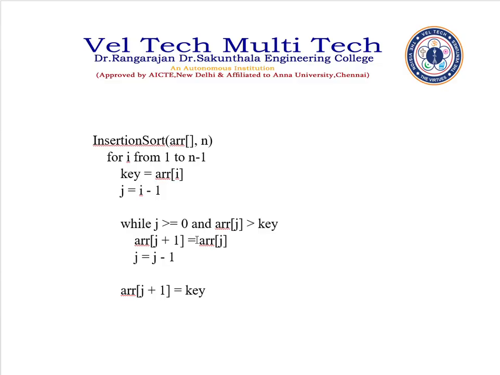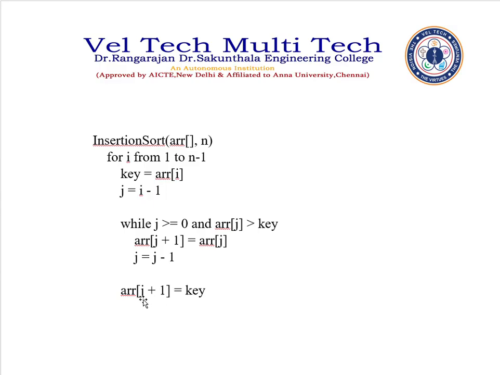If it is greater, we have to move it so the key reaches its correct position. For that they have given this line, and again j equal to j minus 1, which is nothing but to move to the left to compare with the next element in the sorted part.